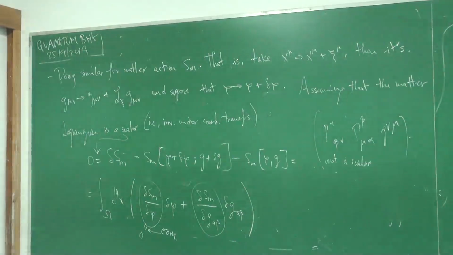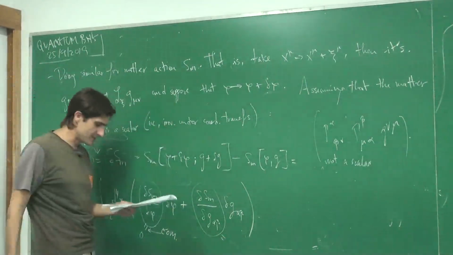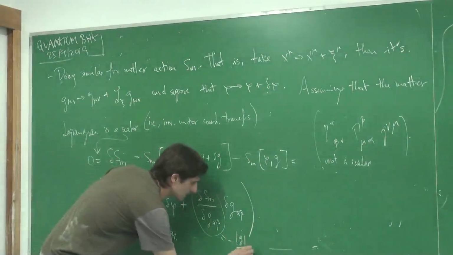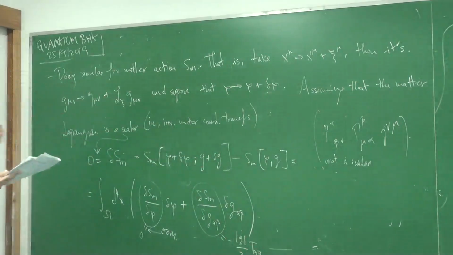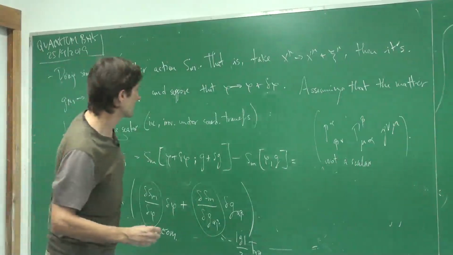T mu nu, times a factor; there might be a c or not. So this is the stress energy tensor, and we've seen how this varies.